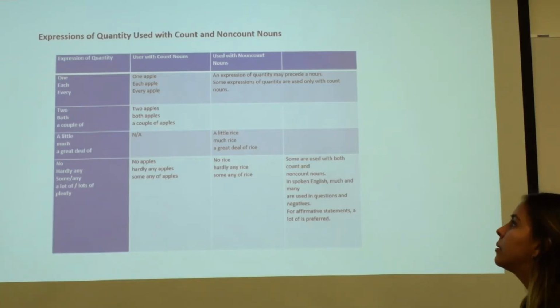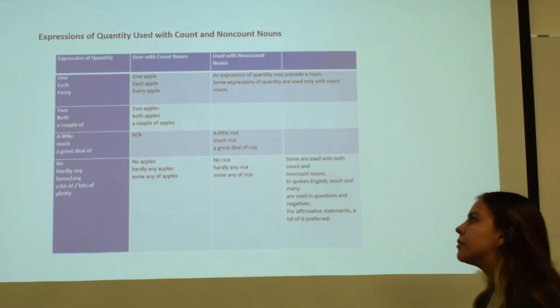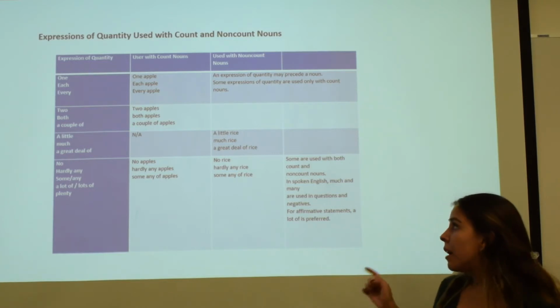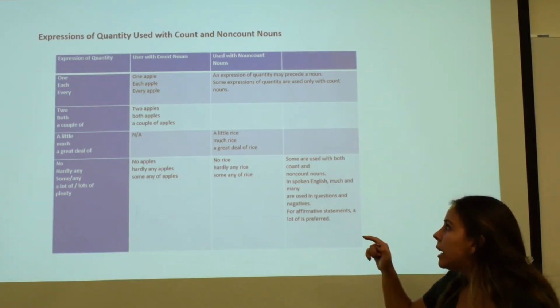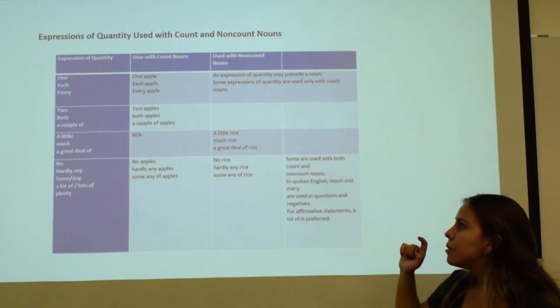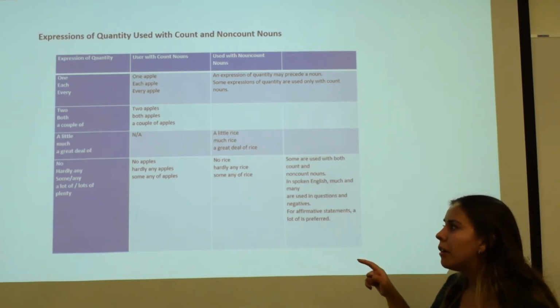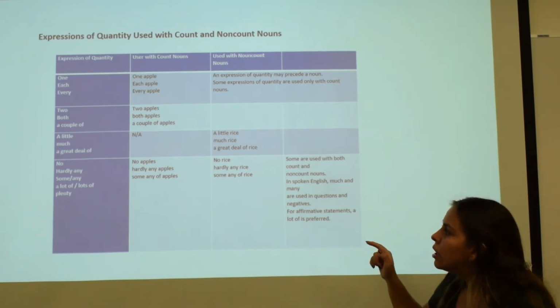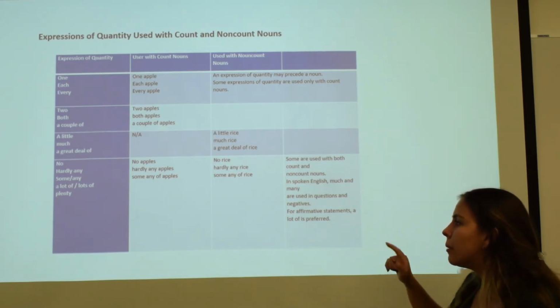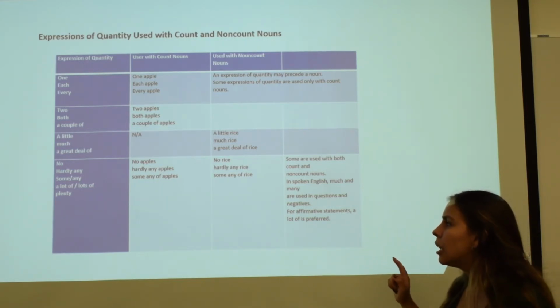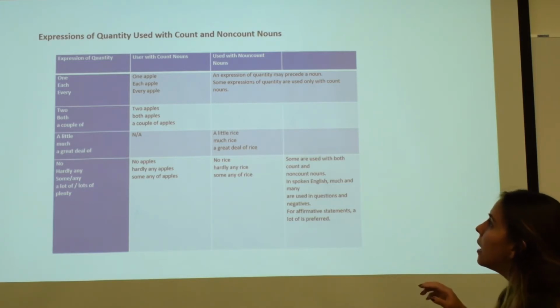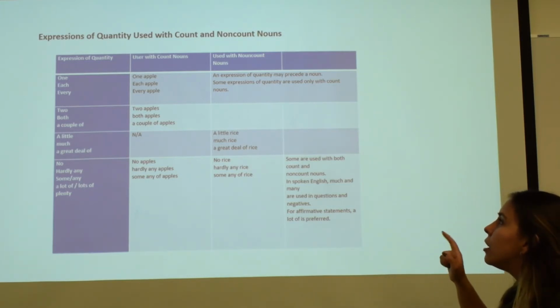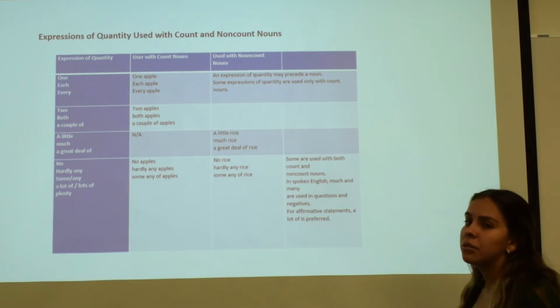This topic is expressions of quantity used with count and non-count nouns. We have the expressions of quantity: one, each, every, two, both, a couple of, a little, much, a great deal of, no, hardly any, some, any, a lot of. We have here the ones used with count nouns.